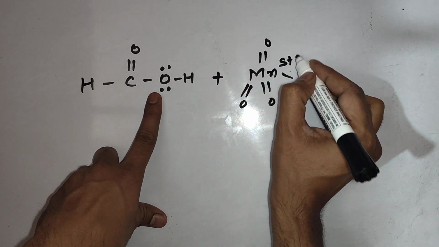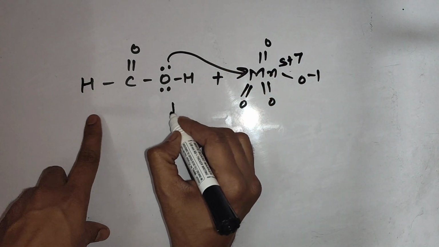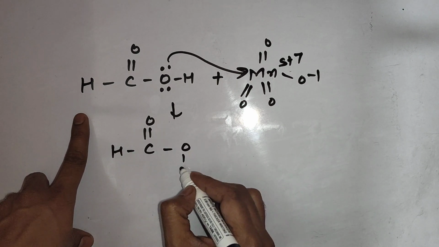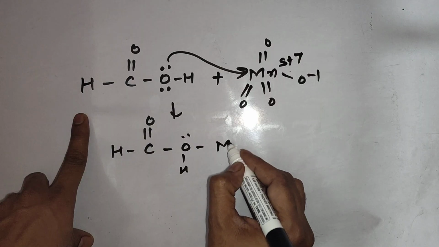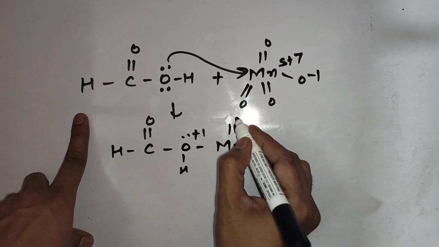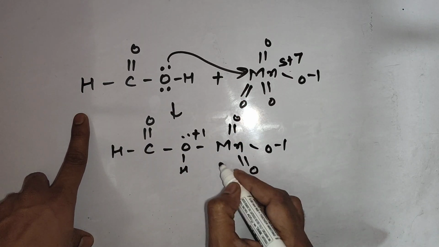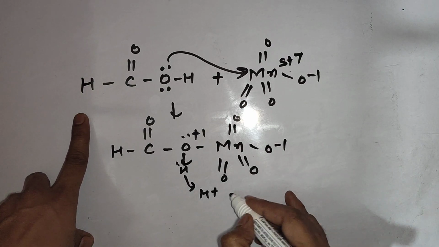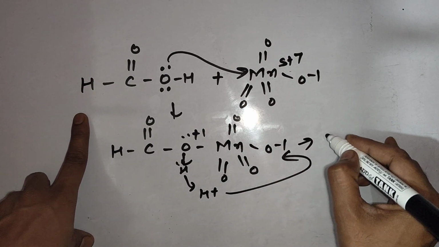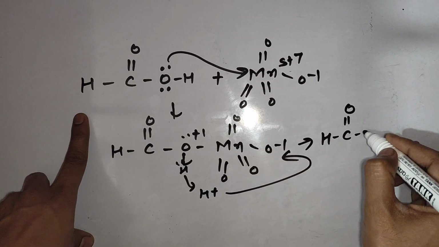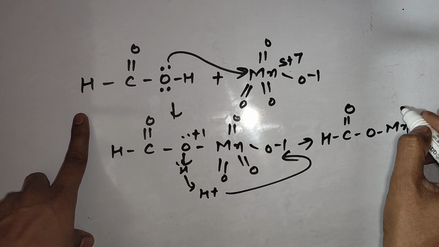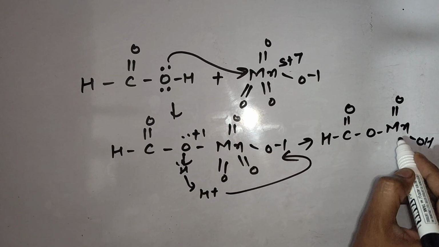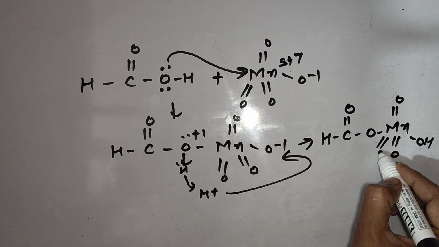Lone pair, plus 7, check. Plus 1. Unstable, release of H positive will combine with O negative. Manganate ester will generate, OH, O, this one.